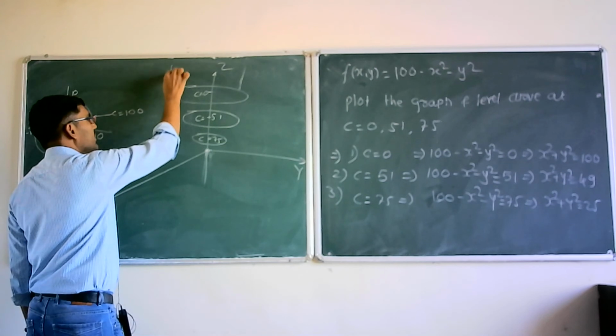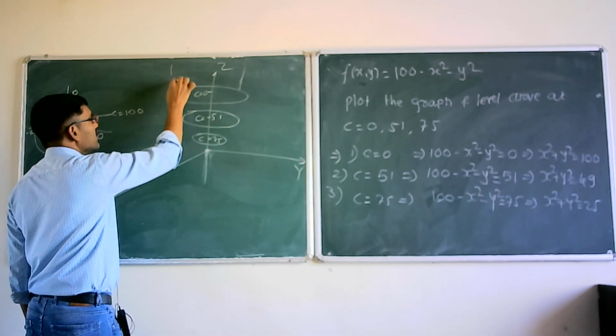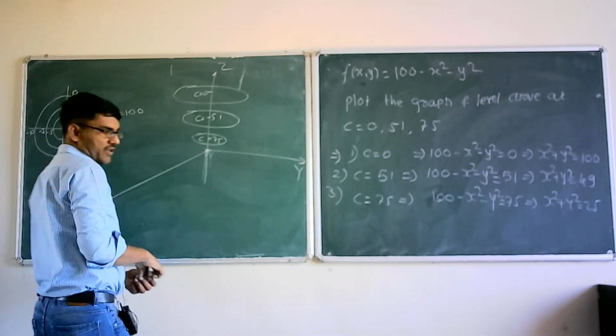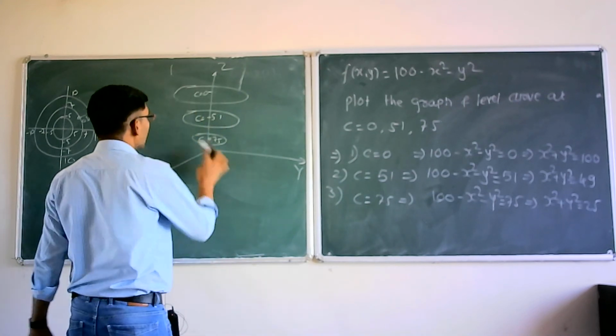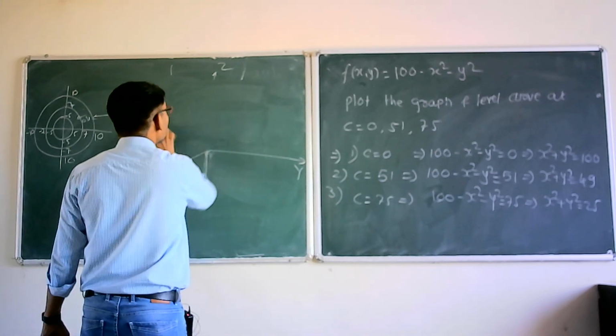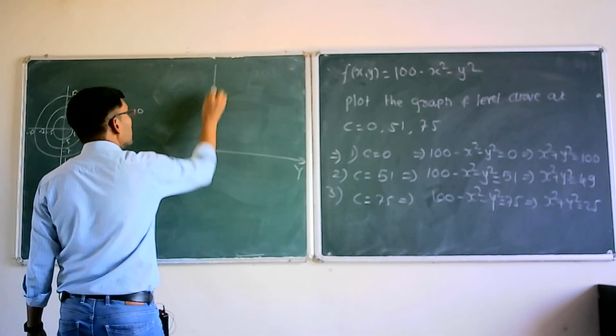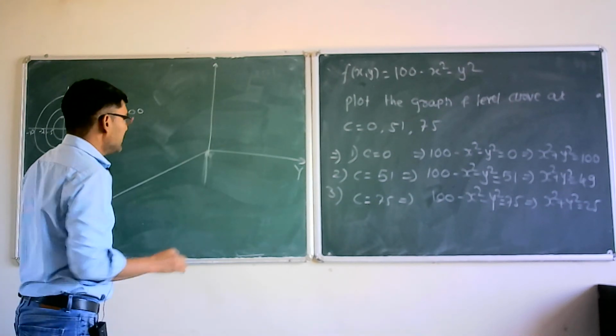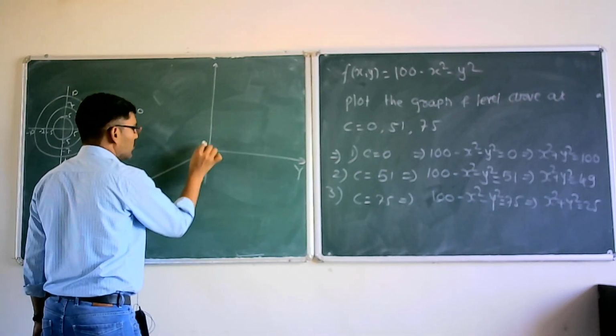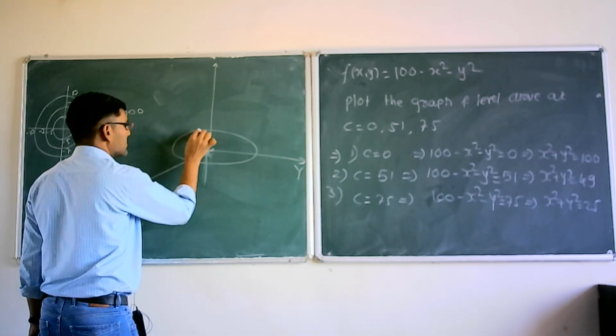So if we join these, if c is equal to 0, then circle having radius 10.